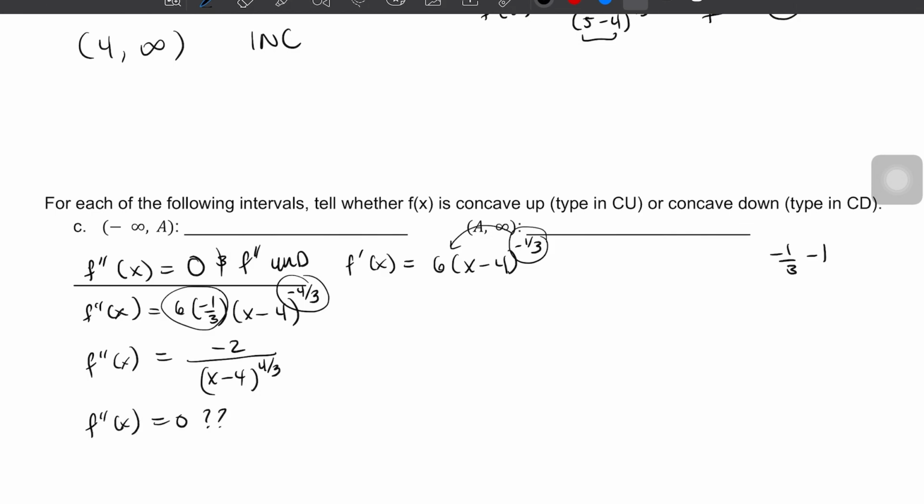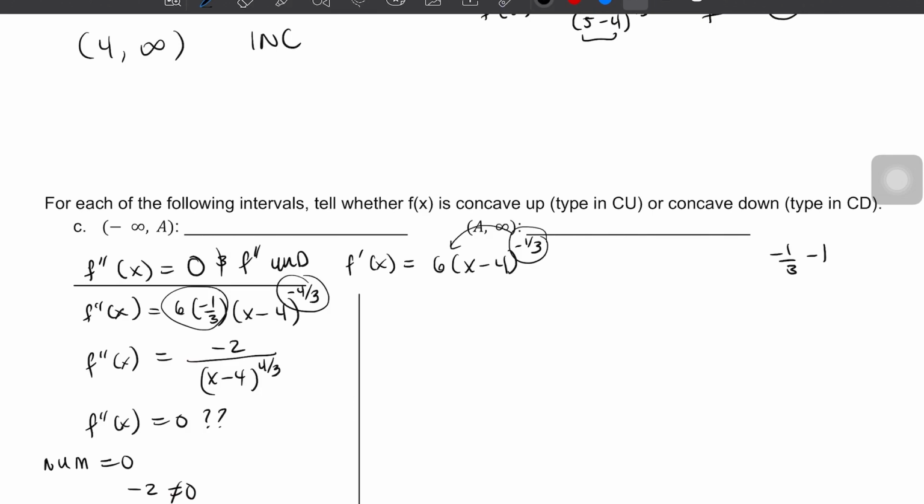Can this equal 0? Well, no, because that means that the numerator has to equal 0, and we know that negative 2 cannot equal 0. Remember that this whole thing can only be 0 whenever the numerator is set equal to 0. So that's not going to happen because negative 2 cannot equal 0.